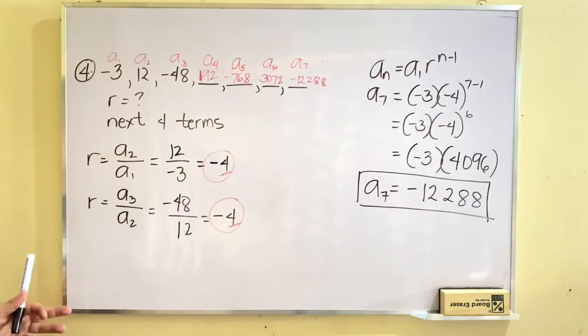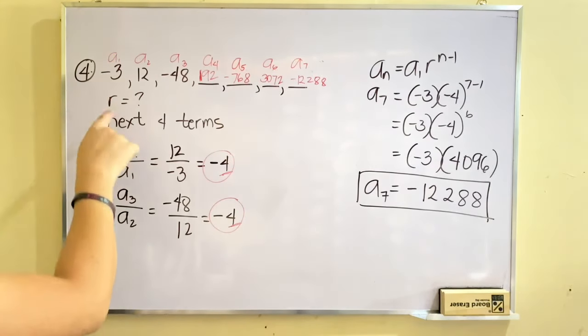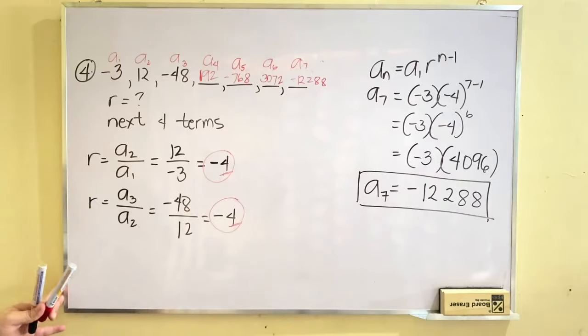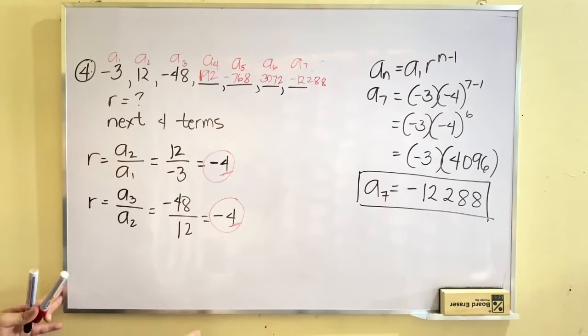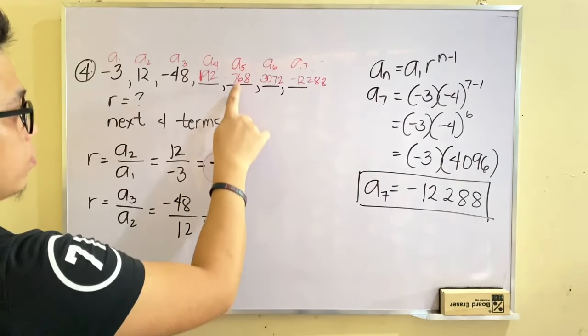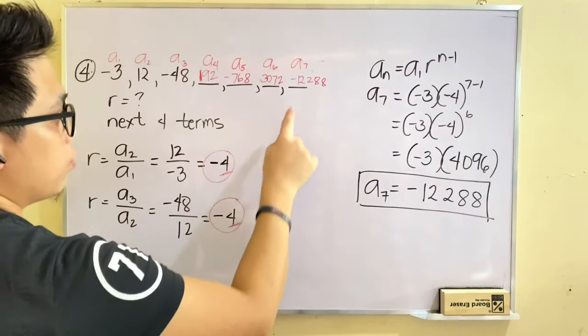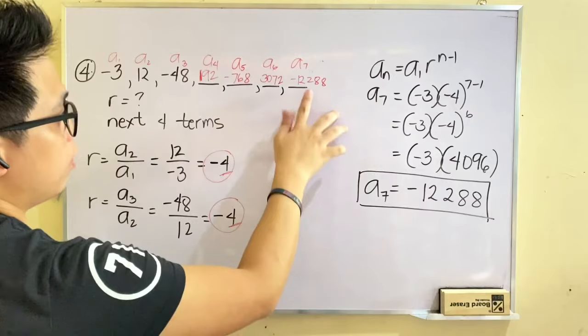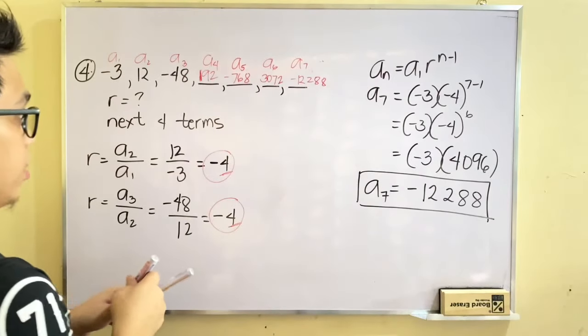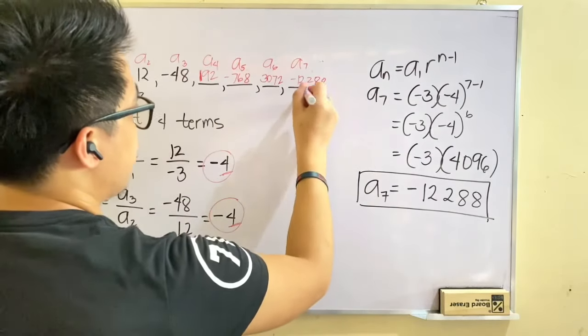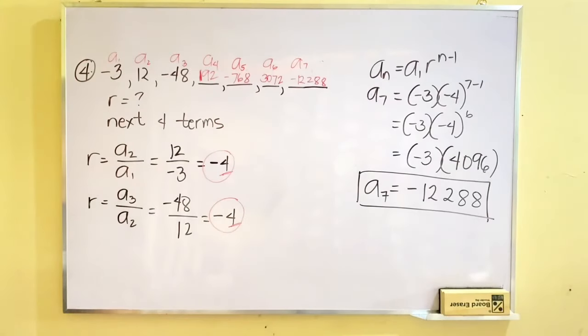So, nasatisfy na natin ang lahat ng hinahanap. Common ratio, negative 4. Next 4 terms, those are 192, negative 768, 3,072, and negative 12,288. And these are the next 4 terms of the given geometric sequence.